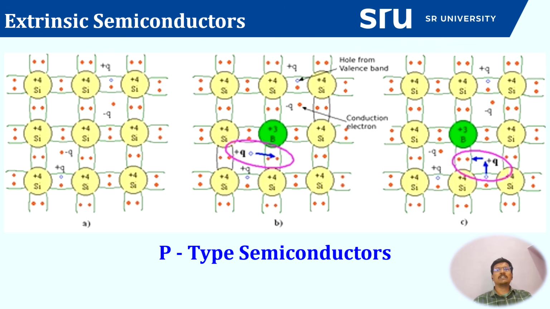So the PN junction formation is the foundation of diode fabrication, transistors, LEDs, solar cells, and many other devices. Hence, understanding p-type semiconductors is also essential because they are equally dominant materials in semiconductor devices.